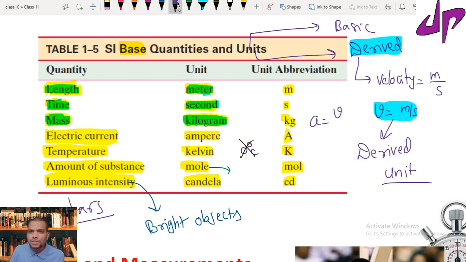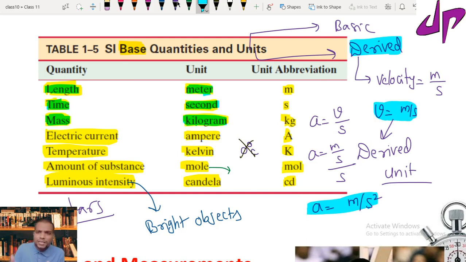Acceleration is nothing but velocity upon time. So the acceleration unit becomes the velocity unit, meter per second, divided by second. So acceleration is meter per second square. Here acceleration is also a derived unit. Like that, by using basic units we derive them, and those are all called derived units.